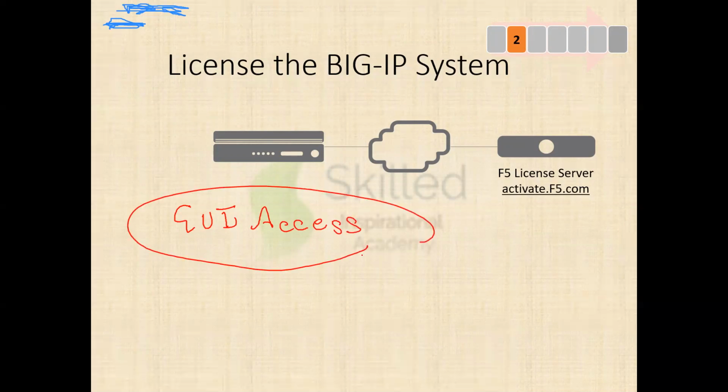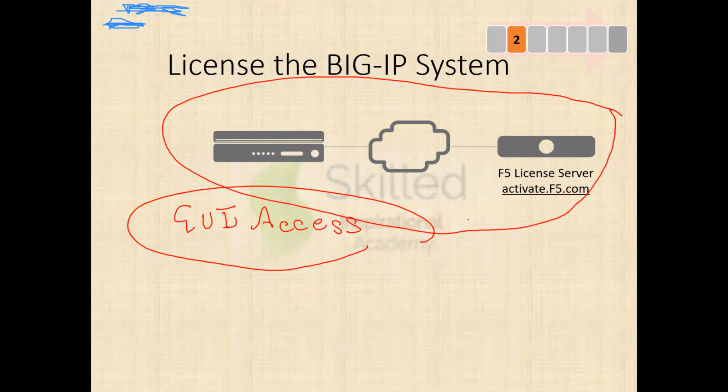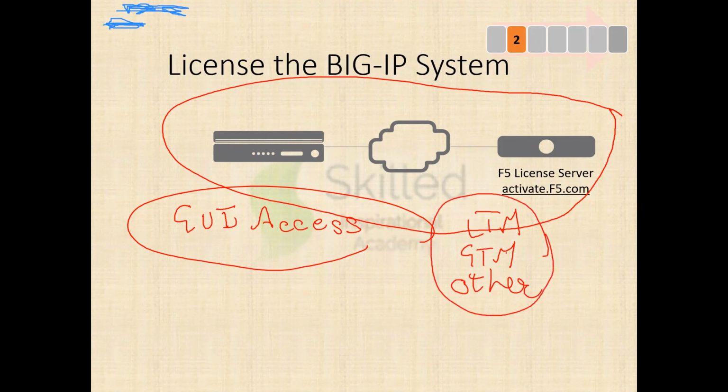Once you have GUI access, you need to license first before using any LTM or GTM module or any other module. You need to license the device before using any features of these product modules.